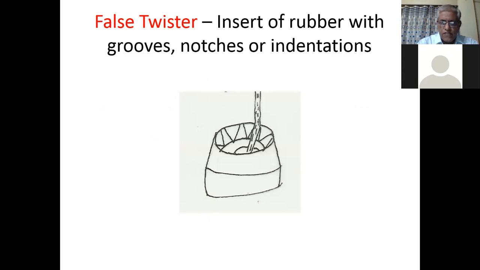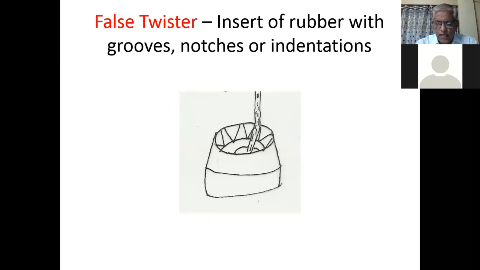For real twist, we are using the formula spindle speed upon front roll delivery, and false twist is also inserted in the zone between the front roller nip and flyer top. On the flyer top, there is an insert of rubber which has grooves, notches or indentations.